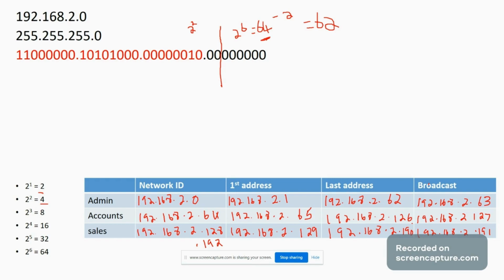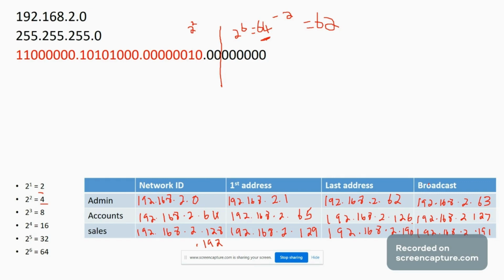So you can see the last usable IP address of admin is .62, because .63 is a broadcast, and then .64 is the accounts network ID. And then it goes 65, 126 the last address, 127 the broadcast address, and then we move to the next network, 128, and so on. So that is our table completed, so we can now assign IP addresses to each subnet.